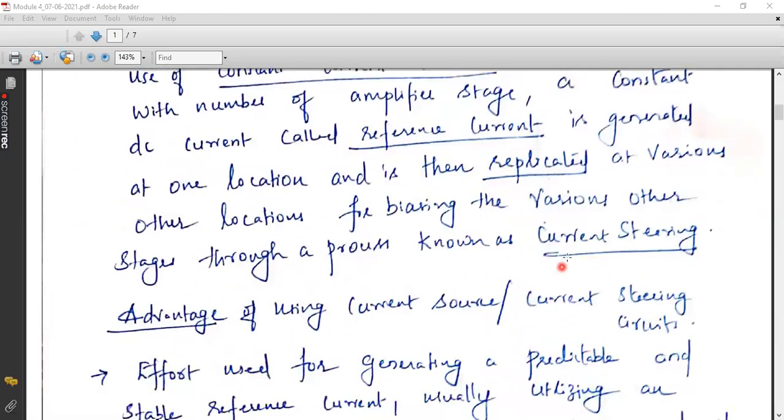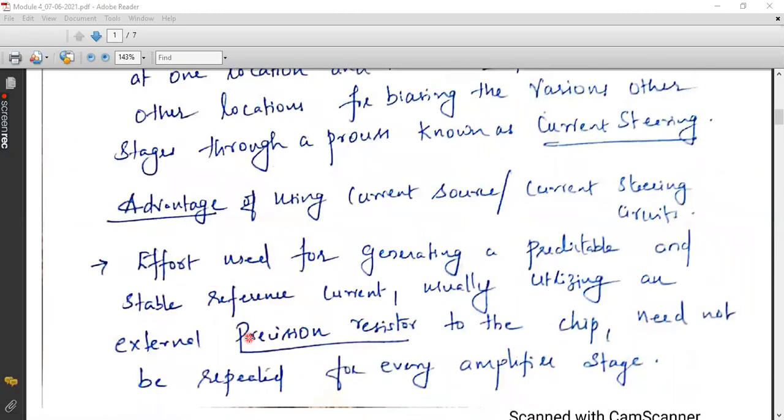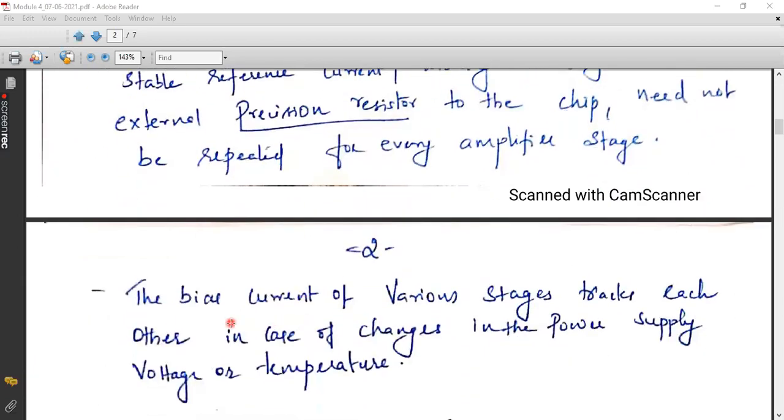The advantage of using these circuits is that the effort will be less. That is, no need to repeat the process of using the precision rectifier and power supply again and again for each stage. And the second advantage is that each stage can track the others, and it is easier to control or stabilize the Q point, as all the stages are controlled by the same reference current.